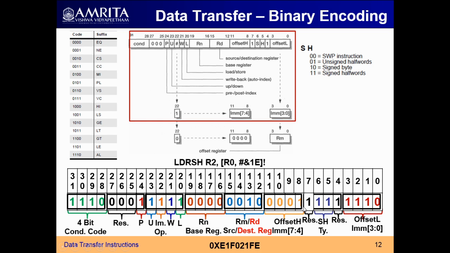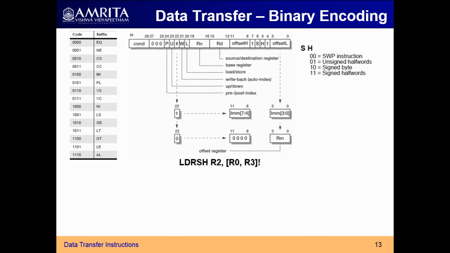You can see here, in this example, what is the difference between this example and the previous one? LDR-SH R2, [R0, R3]. In the previous example you were using an immediate offset, but now I am using a register offset. That means my offset value will be stored inside a register, R3.